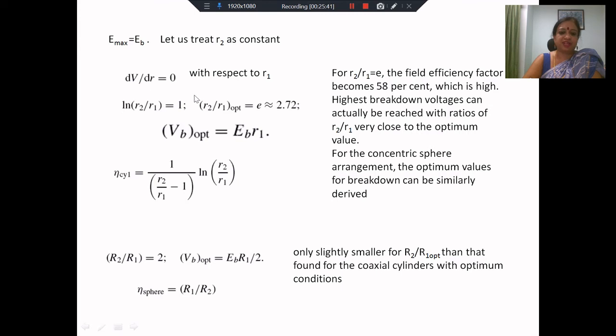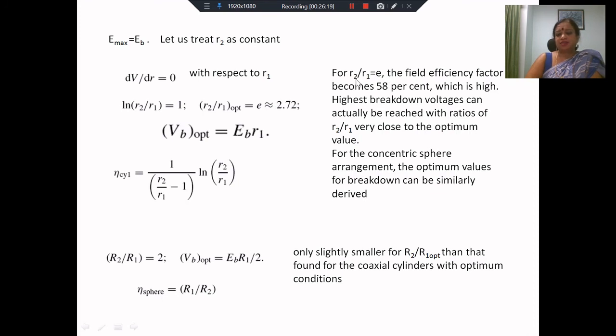I need to find dV/dR1 equal to 0, which gives me ln R2 by R1 is equal to 1, which means the optimum value of R2 by R1 is equal to e, which is about 2.72. So for this ratio, I will be able to have an optimum voltage level for my conductor, and that optimum voltage level at which I can charge my inner conductor is given by EB into R1, EB being the breakdown strength of the material.